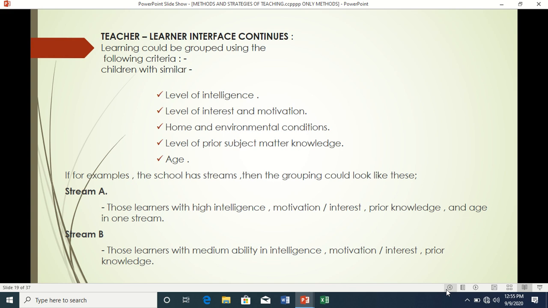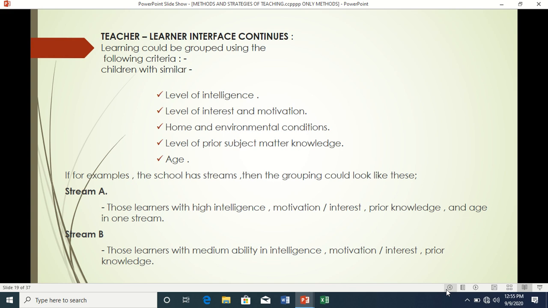If you have such characteristics of children, you can put them in one group and call it a stream. So let us look at that. Stream A. You are in a school, and the school has organized itself into streams, A, B, C, D, or what. You can therefore pick those learners with high level of intelligence.